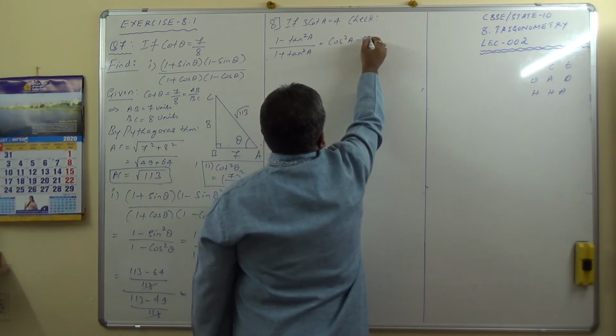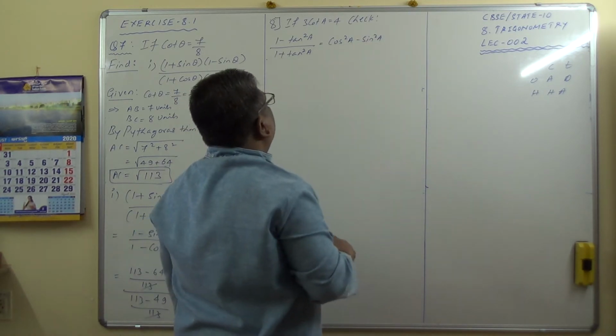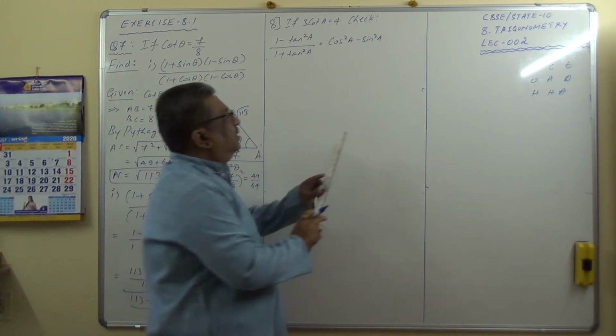This is what we need to check. So 3 cot A equals 4. This is what is given to us. Let us draw the diagram.